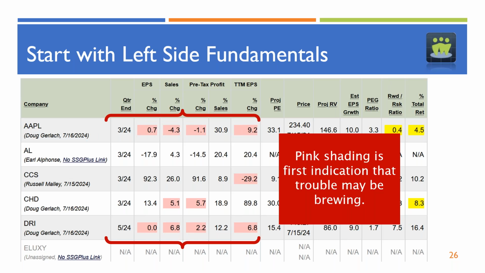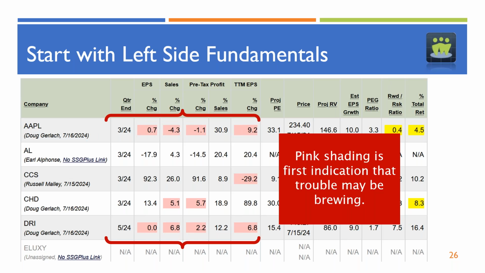So let's start with the left side fundamentals. Anytime you see pink shading, that's an indication there may be trouble. These are certainly companies that you want to keep on your radar screen, so to speak. There won't be any shading for companies that don't have a linked stock selection guide.